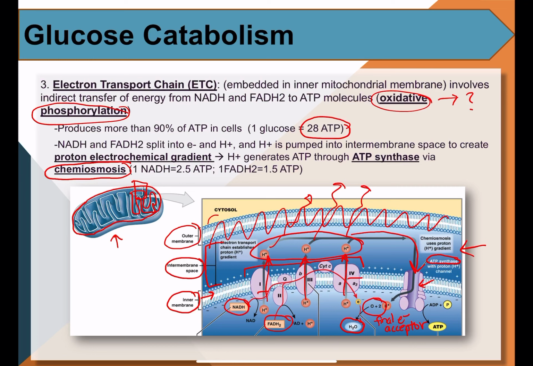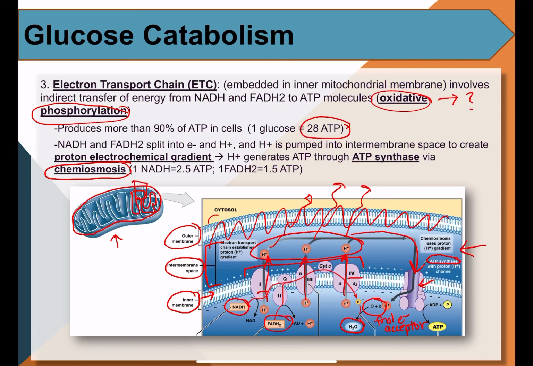But we're relying on the hydrogen ion concentration gradient in order to power this ATP synthase. And it is easy to remember the name of this protein because it literally tells you it is for ATP synthesis, hence its name, ATP synthase.